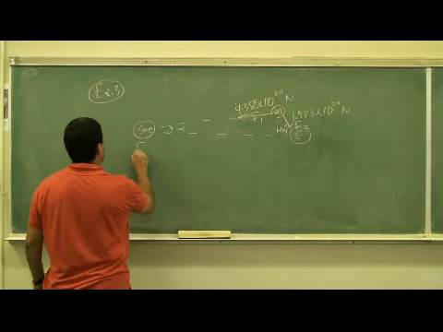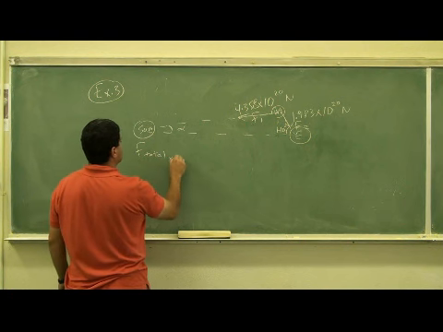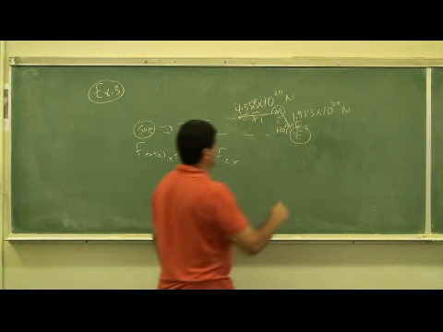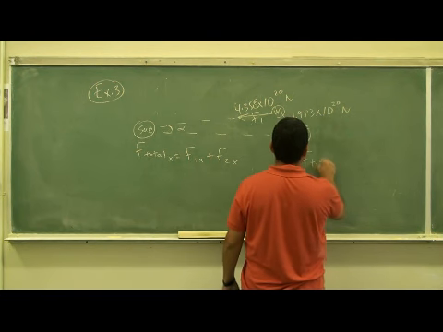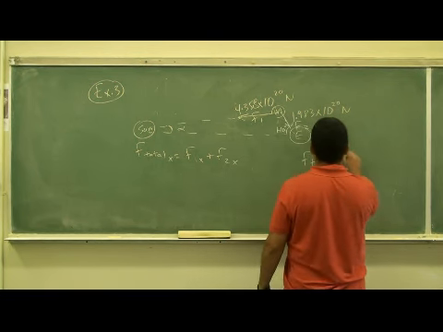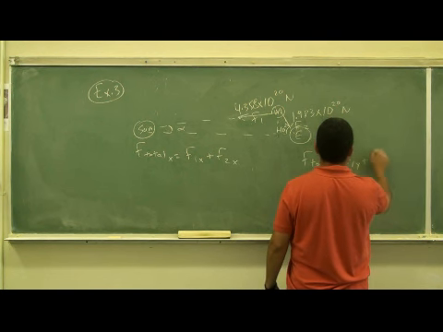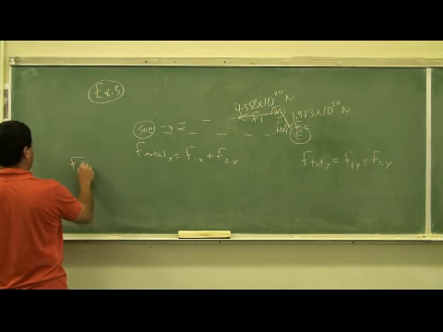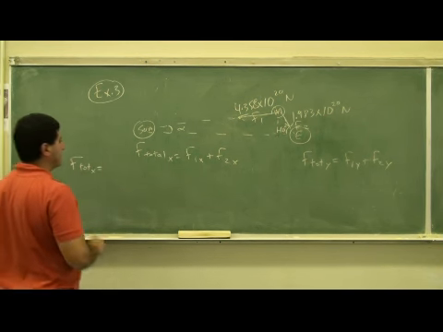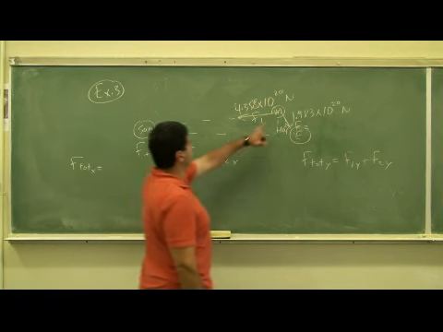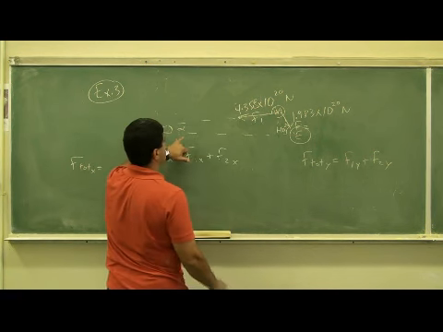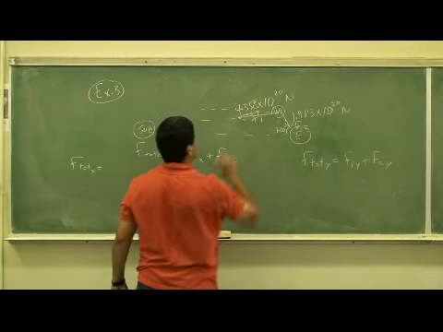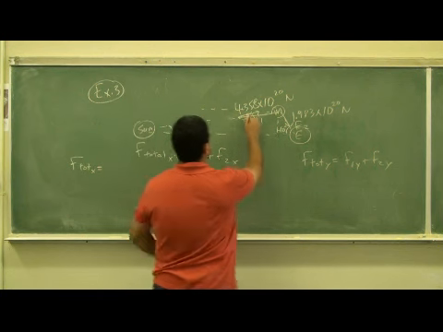So F total x is going to equal F1x plus F2x, and F total y is going to equal F1y plus F2y. So F total x is going to equal F1x. So that's going to be this thing times, if this is alpha and this is alpha, they're the same angle, right?